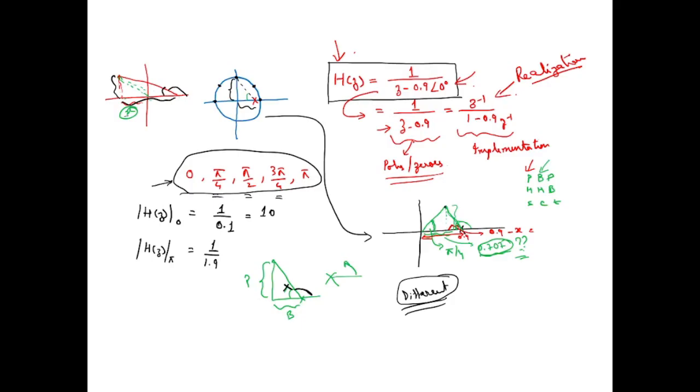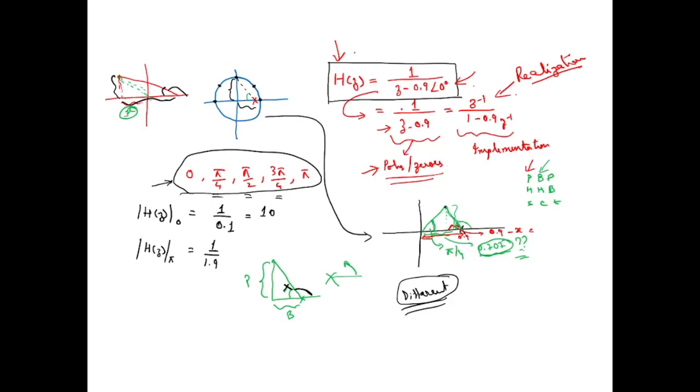However, when the z to the power n, where n is a positive number, that form of the transfer function is used for determining the location of the poles and the zeros.